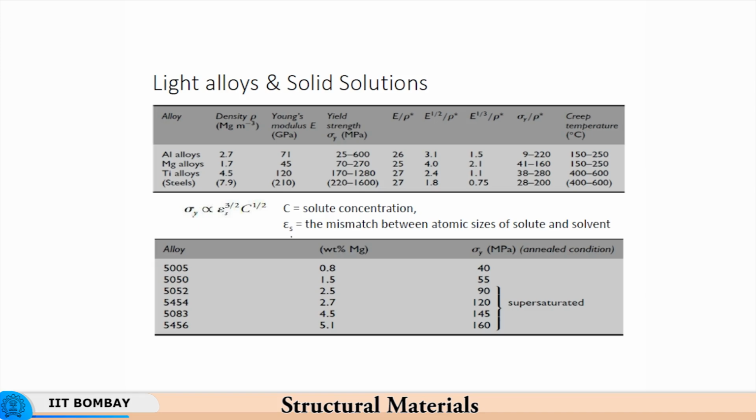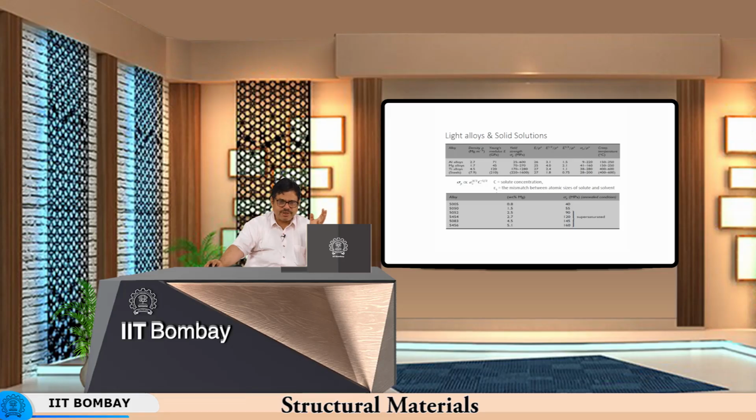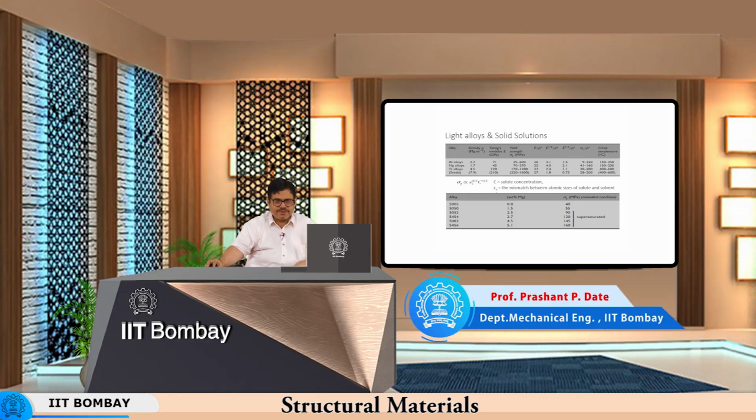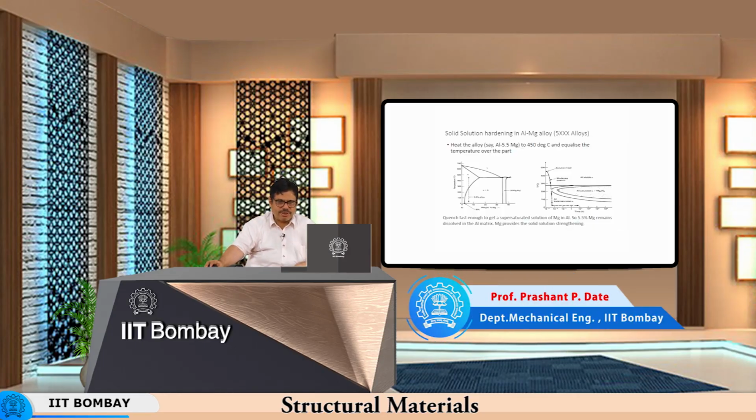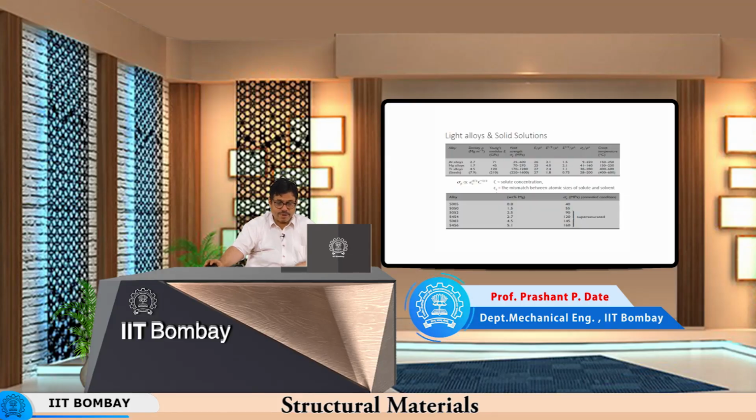These are used as standard tables, or very standard pieces of literature for selection of materials. And so light alloys are selected based on different ratios which are dictated by the application. With this we will stop here and continue with the heat treatment of light alloys in the next class.